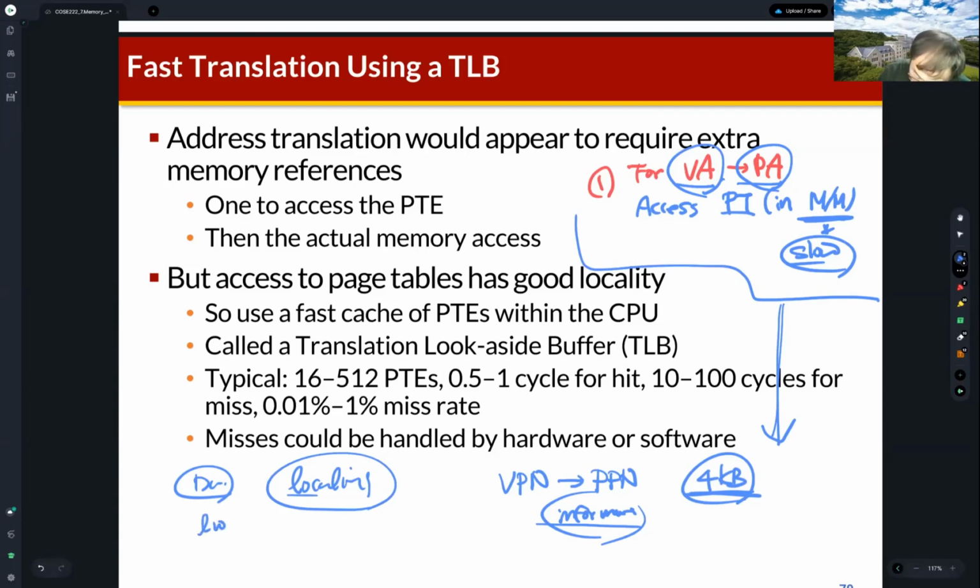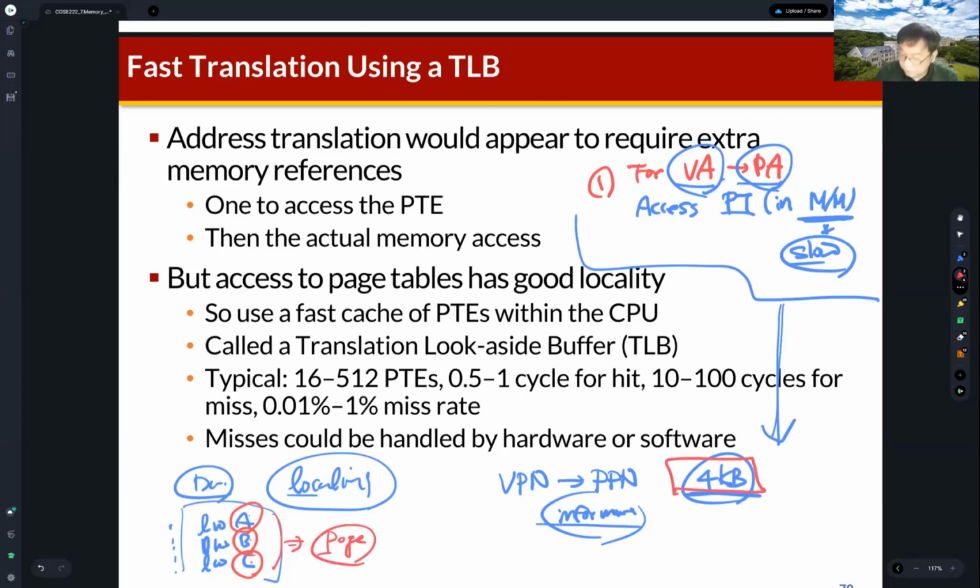The load word A, load word B, load word C are executed in the same application, and because of the spatial locality, with a high probability these data A, B, C can be found in the same page, right?